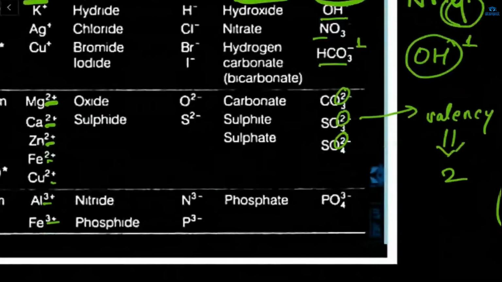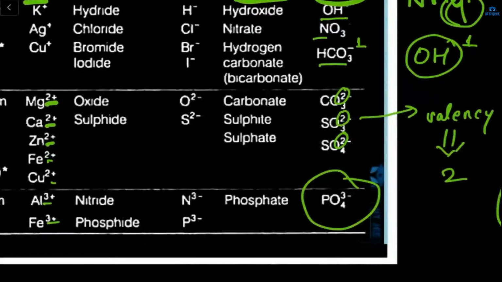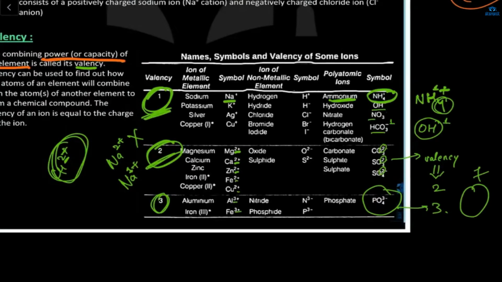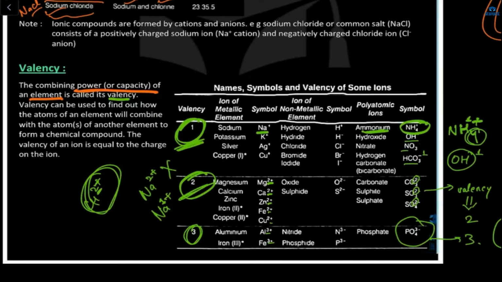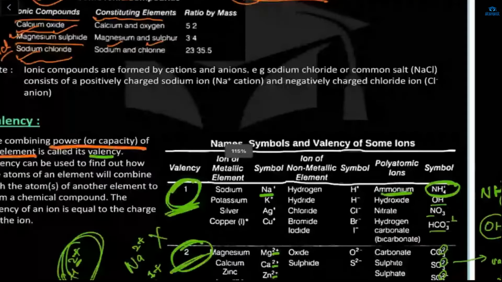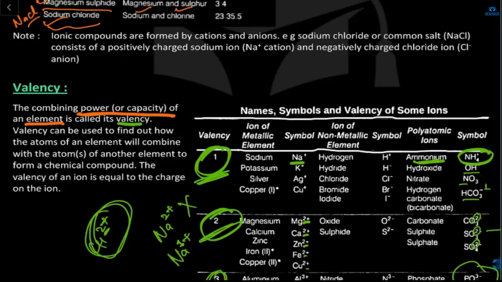Yes. Here phosphate is PO4 with power 3, so valency will be 3. So we compare valency with power: if power is 2, valency is 2; power 1, valency 1; and if power is 3, valency is also 3.